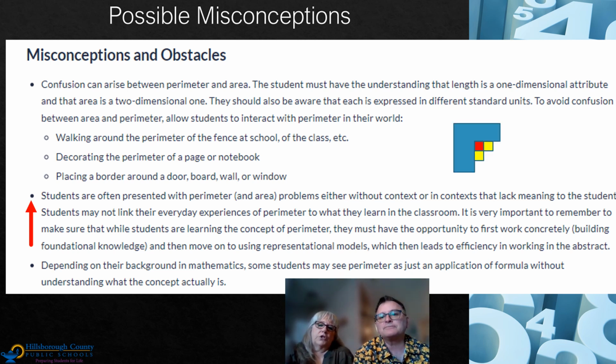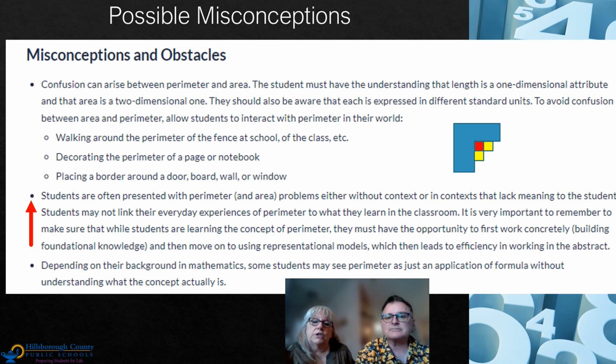We also want to caution you about using color tiles with perimeter. A lot of times students will confuse area and perimeter when you're using color tiles. For example, I see 3 color tiles, 2 yellow and a red color tile around the perimeter of this composite shape, but that red color tile might be counted as 1 unit instead of the 2 perimeter units that it is accounting for.